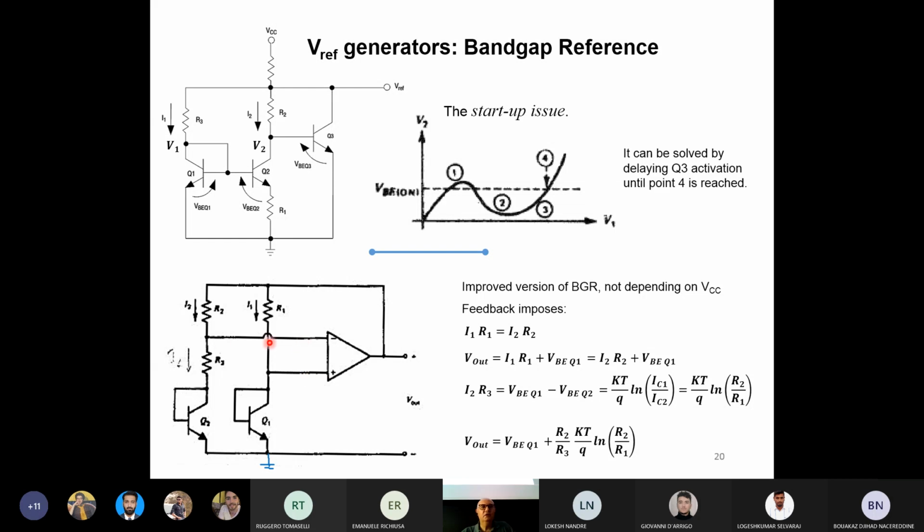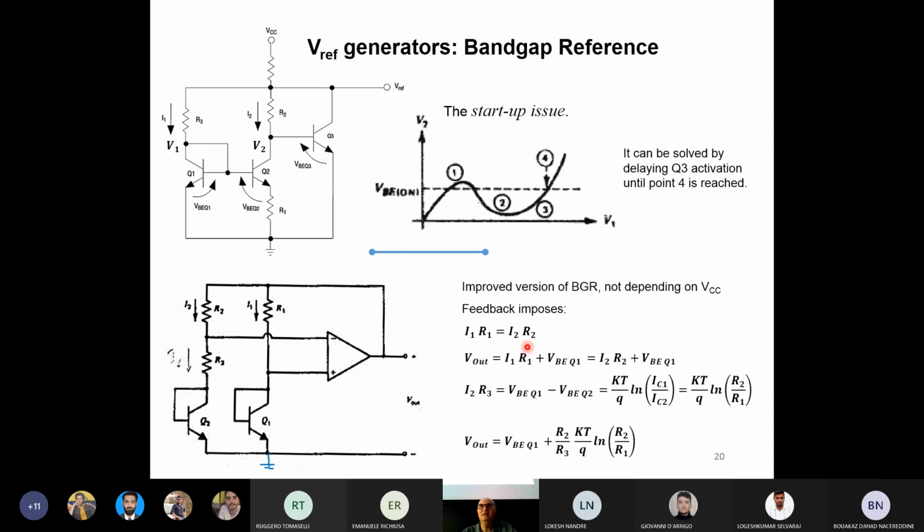If the voltage on the two inputs of the op-amp is the same, and this is the output voltage, again, the two resistances R2 and R1 have the same voltage drop on their terminals. You know, because the two resistances R1 and R2 are connected to the same voltage on the top and to the same voltage on the bottom because there is a virtual short circuit between the inputs. And so we can start writing I1 R1 is equal to I2 R2.